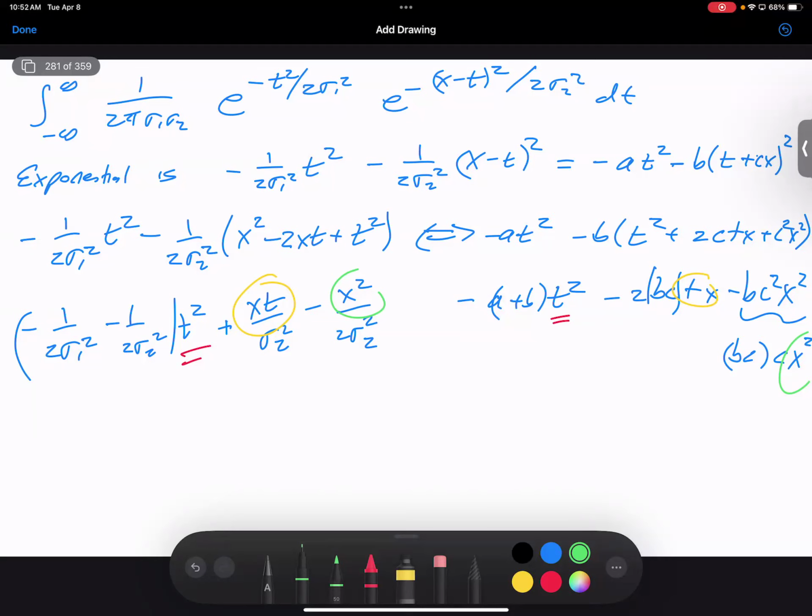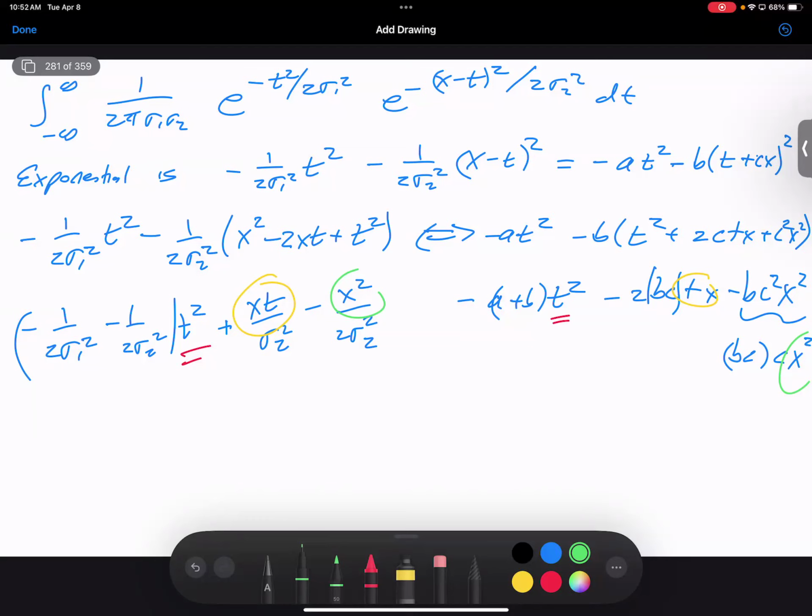I should be able to find a, b, and c to make them match. It would be wonderful if it was a t squared plus b xt plus c x squared. Then that would be really easy to match. If you look at it though, can I choose bc to match the xt term? Yeah, there's more than one choice of bc that works.